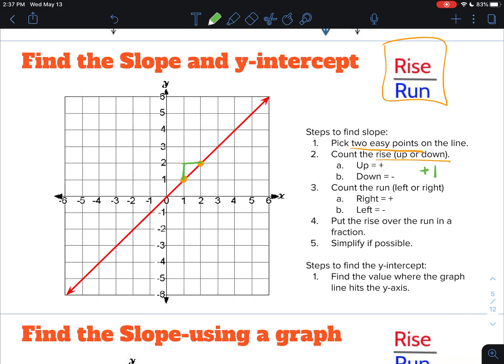And then I'm going to go to the right 1. Right is positive 1. So then I put that as a fraction. 1 over 1. Obviously, I should simplify that. 1 over 1 is 1. So the slope of this line is 1. Okay. And then the y-intercept.